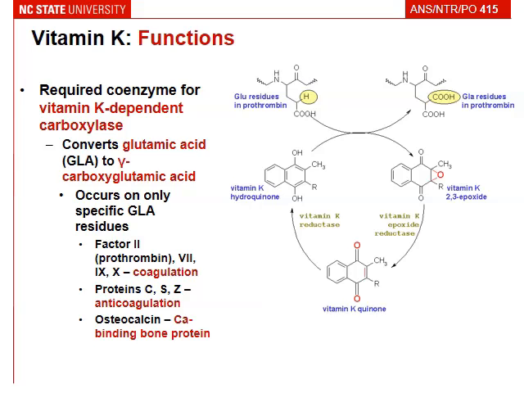We have glutamine on the protein, and we switch it over to glutamic acid, going from an H here to an acid. It does that on select glutamines within the protein. It utilizes the vitamin K dependent carboxylase, converting glutamic acid to gamma carboxyglutamic acid.